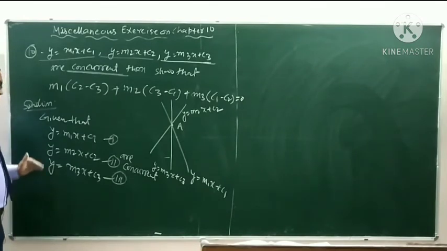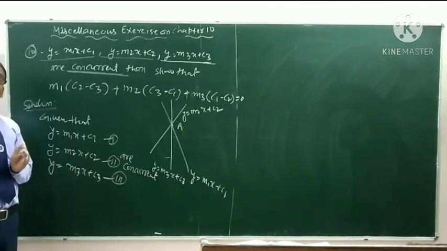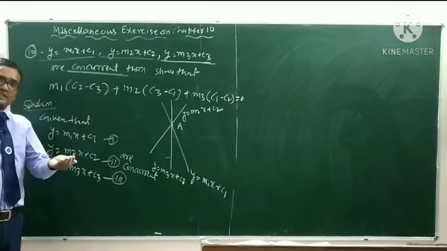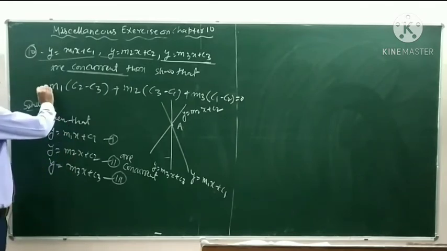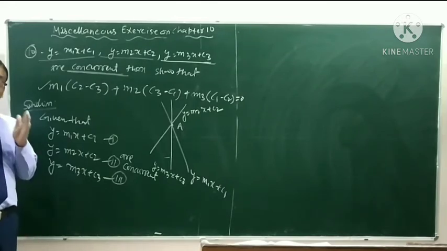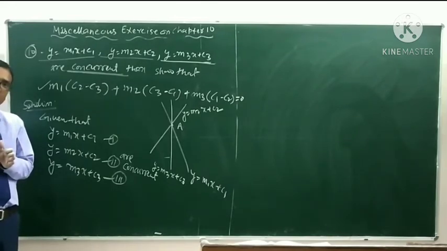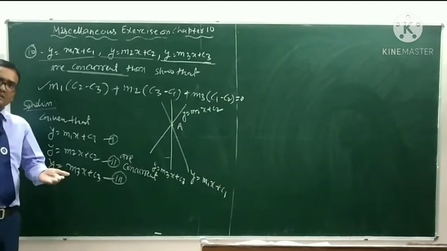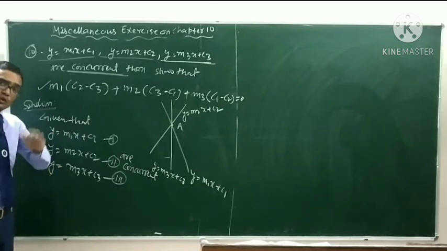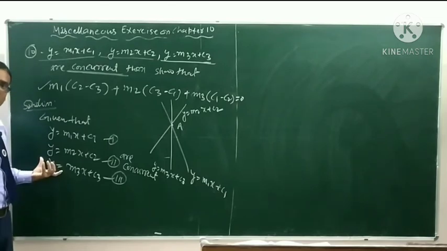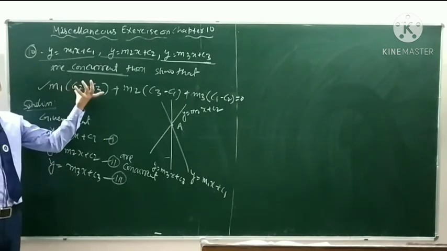Then we put the value of x and y in the third equation, and we get our required condition. First of all we solve equation number 1 and equation number 2 to find the value of x and y, then we put x and y in equation number 3, then we get our required result.